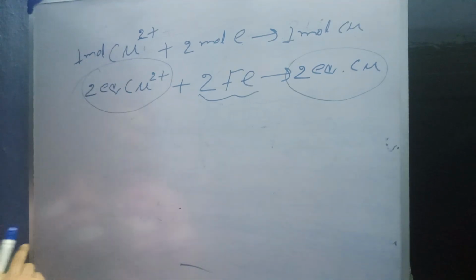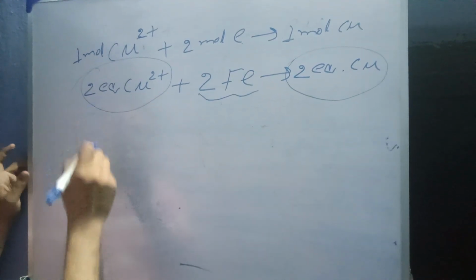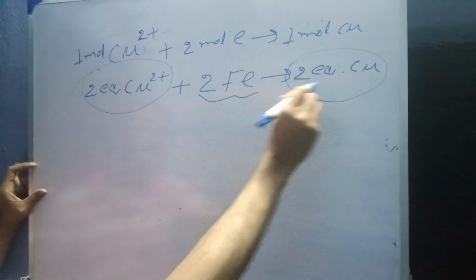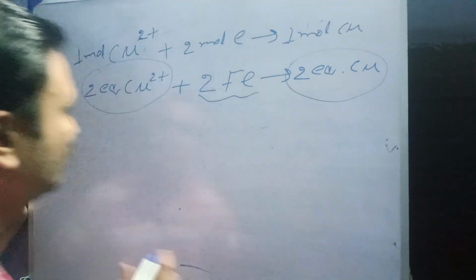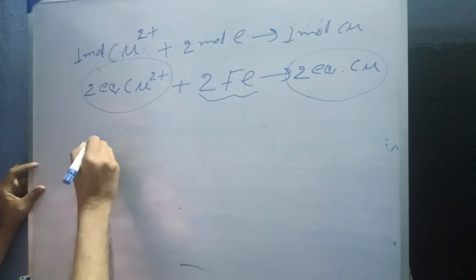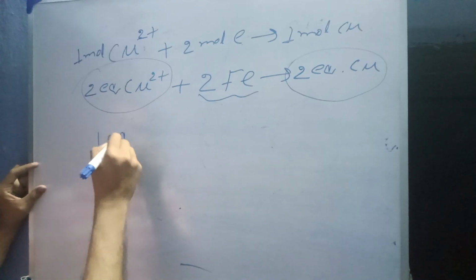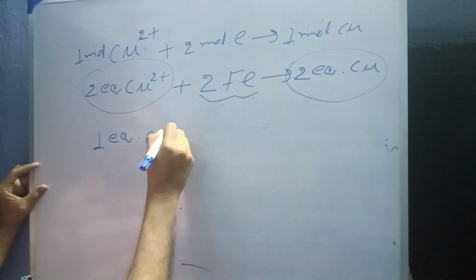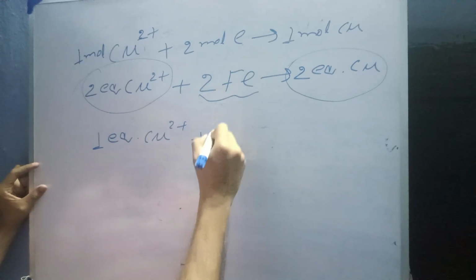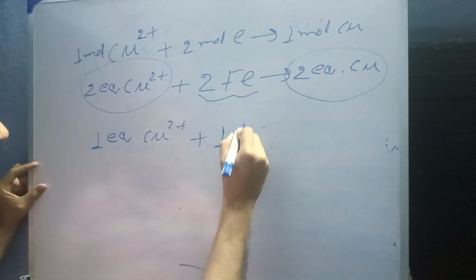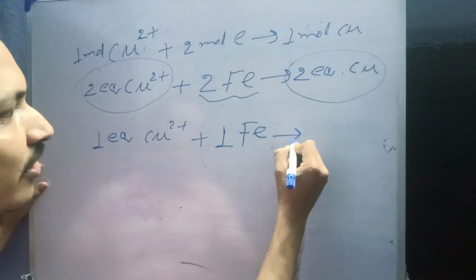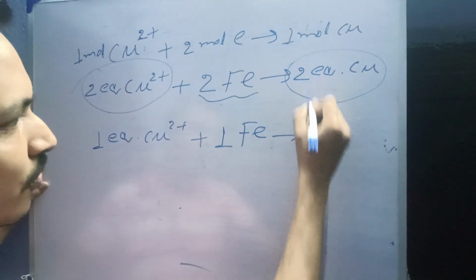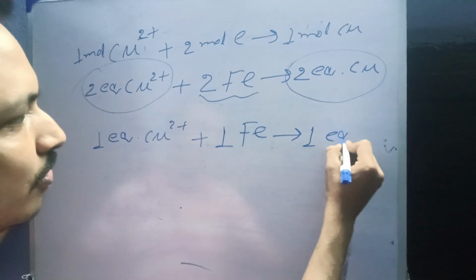Or 2 equivalents of Cu2 plus are reduced. Hence if we divide both sides by 2, we get 1 equivalent of Cu2 plus, 2 by 2, that is 1 Faraday of electrons equivalent to 1 equivalent of copper.